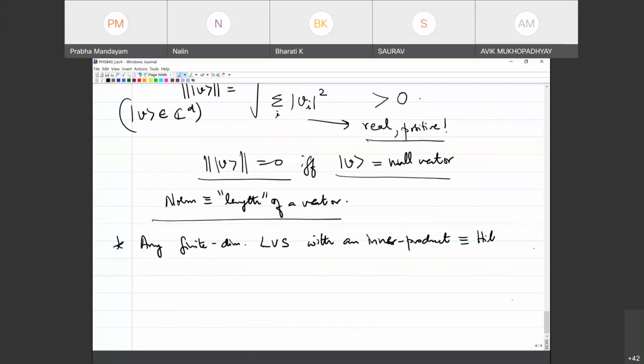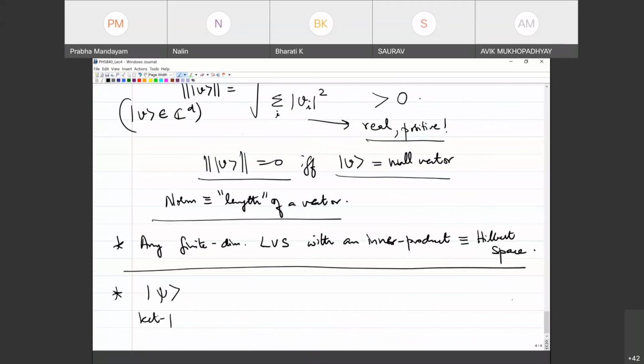Okay? And what quantum theory tells us is that states, remember this is what we started this lecture with, which is postulate 1, which says that quantum states, so I'm going to now start using the notation ket psi to denote the state of a quantum system. Quantum states are essentially vectors in some Hilbert space H. They are not any vectors, I said, but they are unit vectors, right?